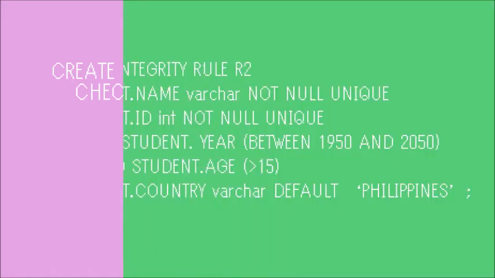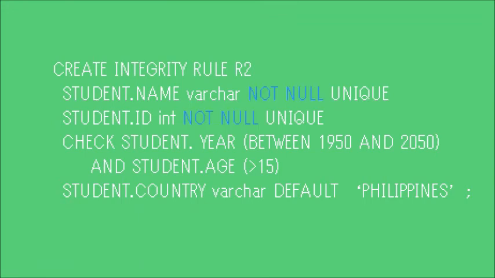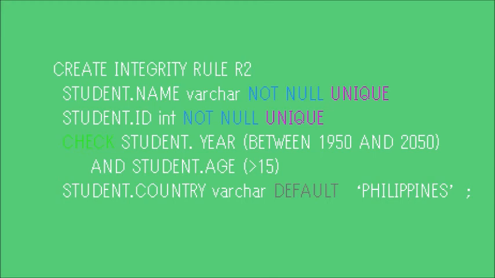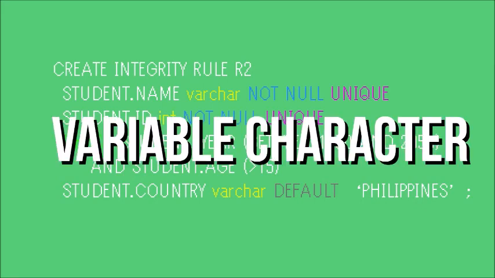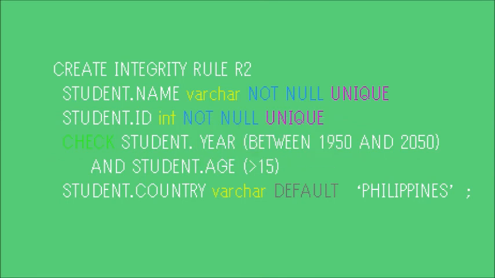Now, let's look at a more complex example. Here we can see the not null constraint, the unique constraint, as well as the check and the default constraint. The varchar and int tags are our connectors. They stand for variable character, which means it contains letters or a combination of letters and numbers, and integer, which means it only contains numbers.